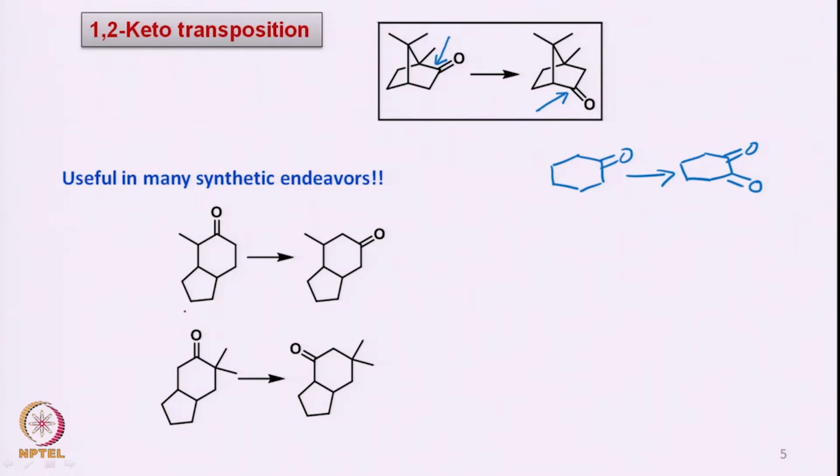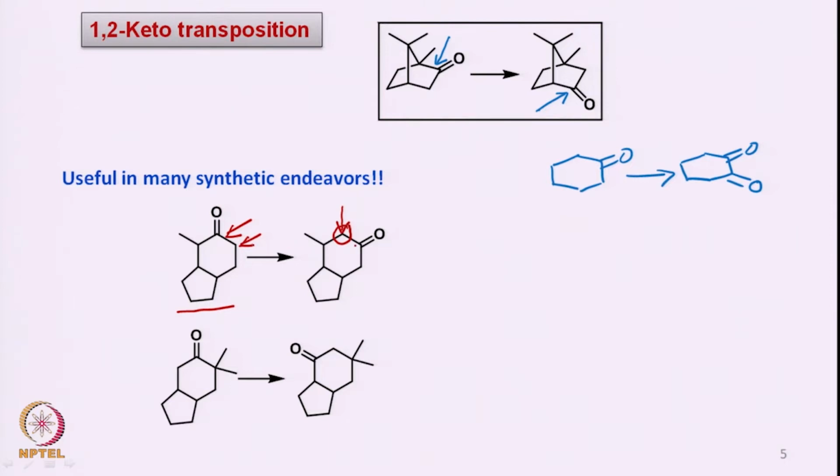For example, if one takes an example of this kind, and wants to carry out some transformations at this position, one possibility of course is to directly functionalize this carbonyl group. But if one wants to utilize both these hydrogens here, then we need to convert this carbonyl group to the next position here.